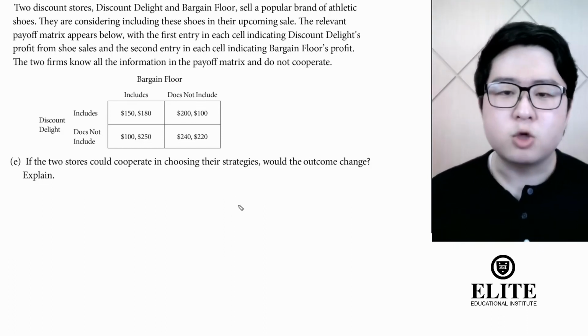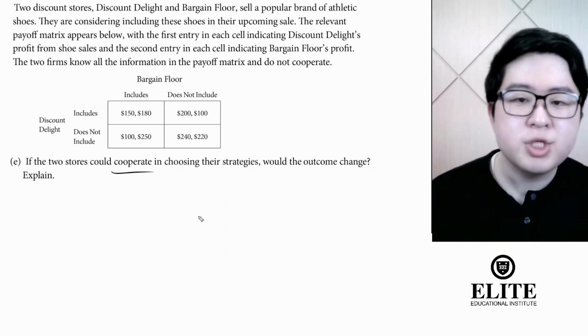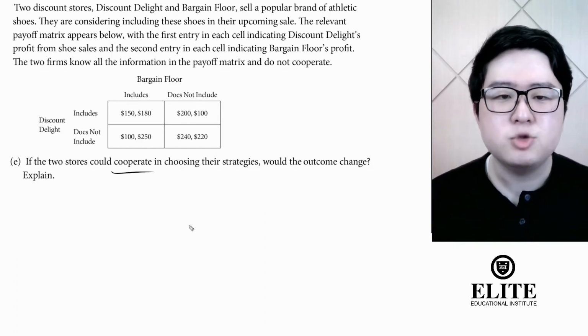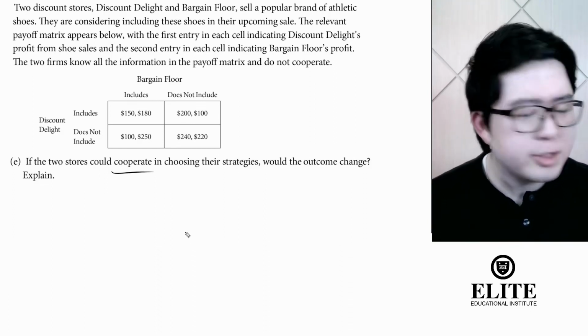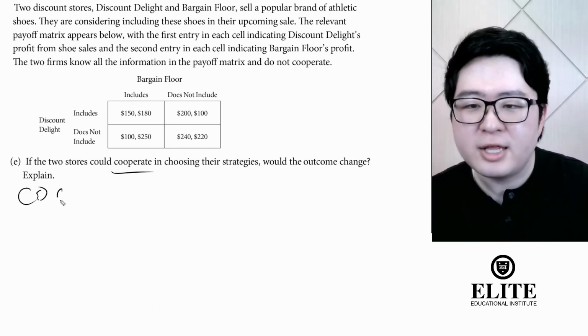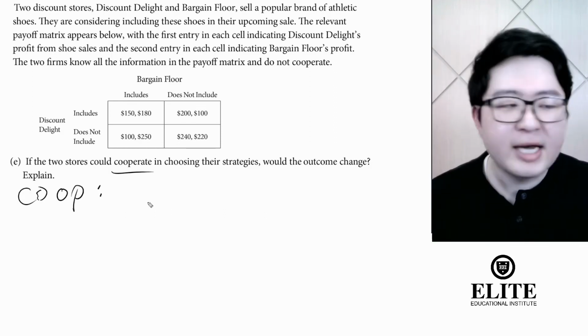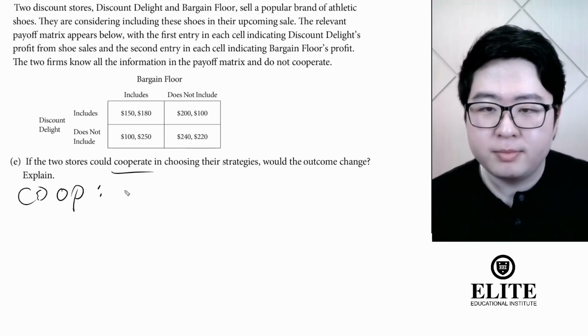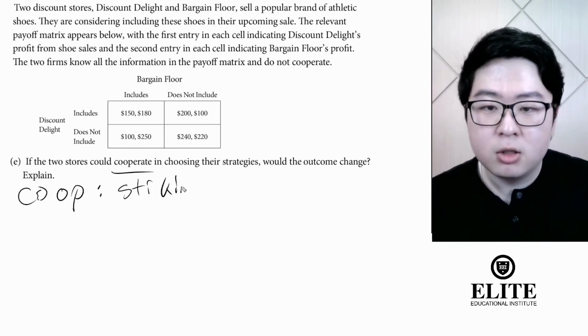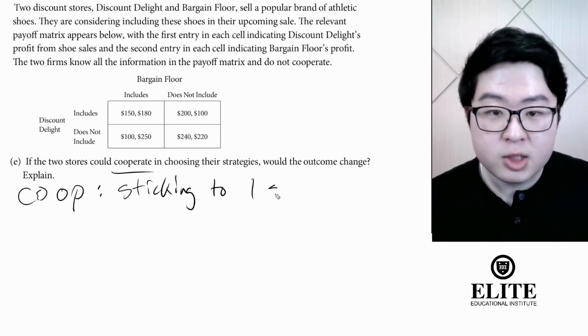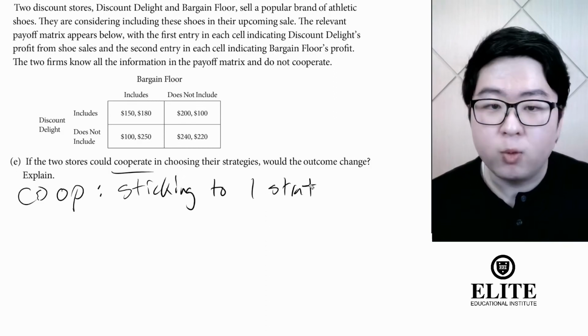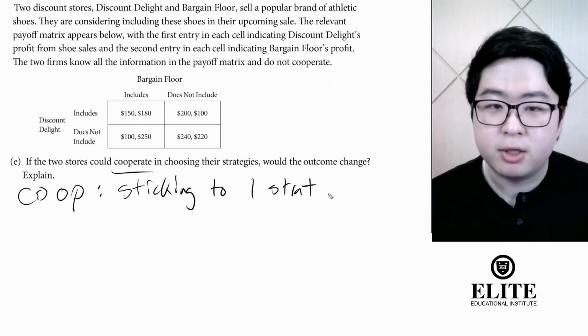If the two stores could cooperate in choosing their strategies, would the outcome change? Explain. What does cooperate mean? Cooperate means that they're going to settle on a strategy each and stick with it, right? That is, they are not going to betray each other. Sticking to one strategy, could be either one. It just means that they're not going to betray each other.